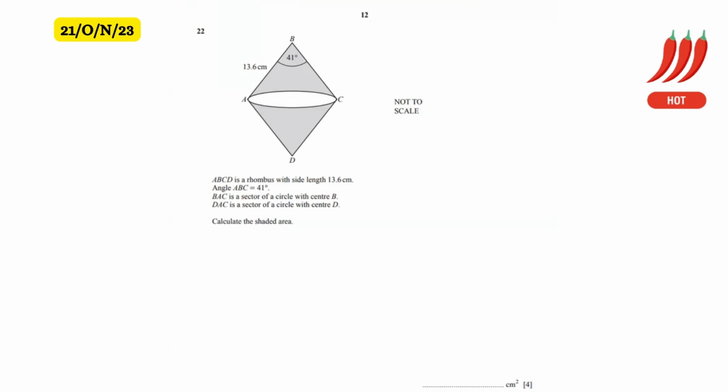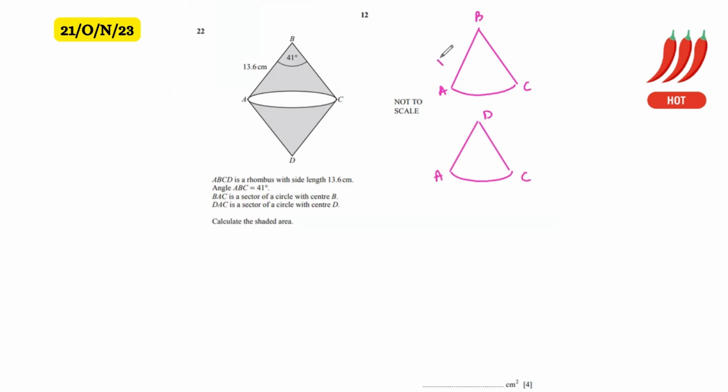So BAC is a sector of a circle with center B. So if we draw these separately over here, this is our one sector, and this is our other sector. B, A, C, and D, A, C.